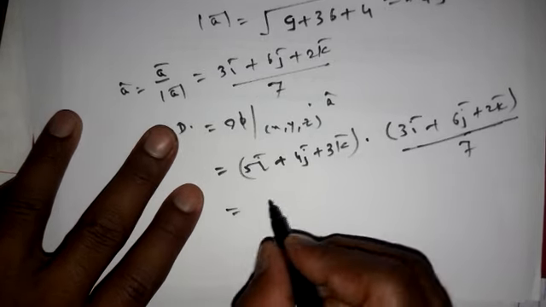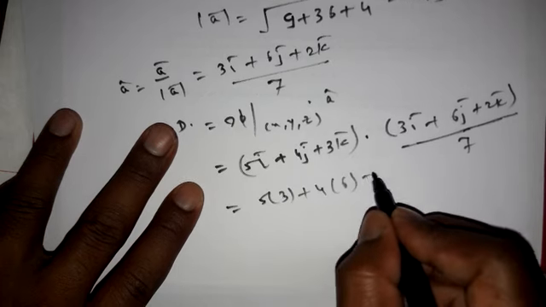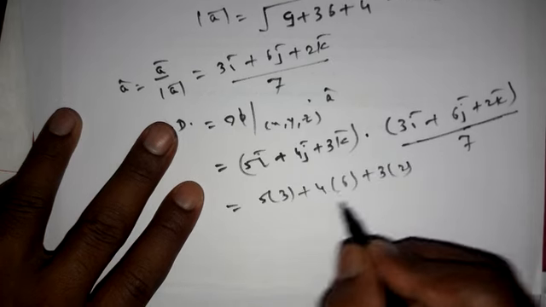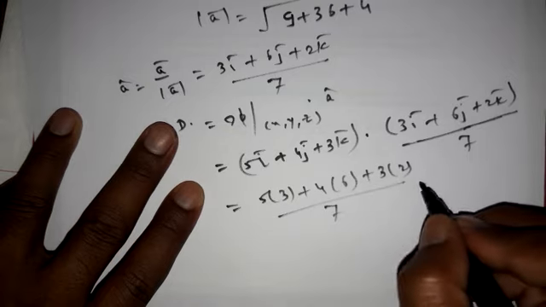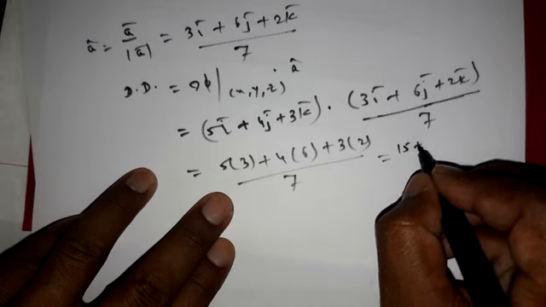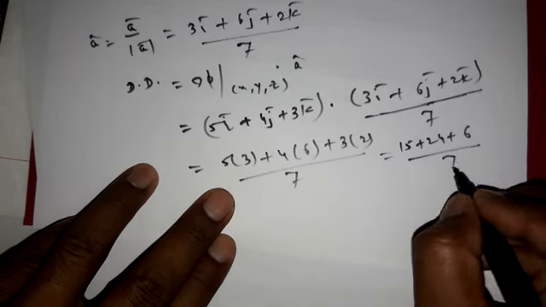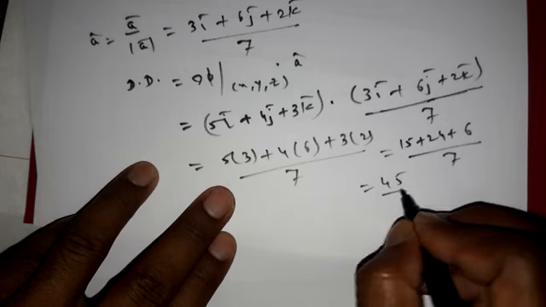So our answer is (5 into 3 plus 4 into 6 plus 3 into 2) upon 7. So just do the calculation. 5 into 3 is 15 plus 24 plus 6 upon 7. So our answer is 45 upon 7.